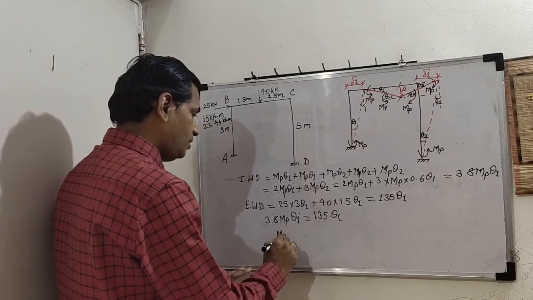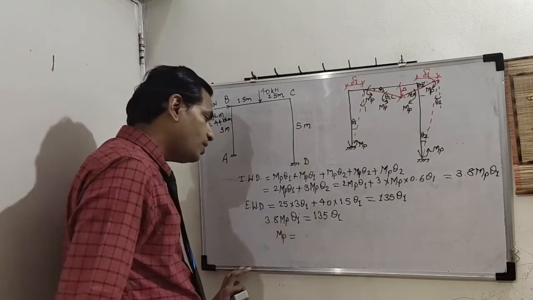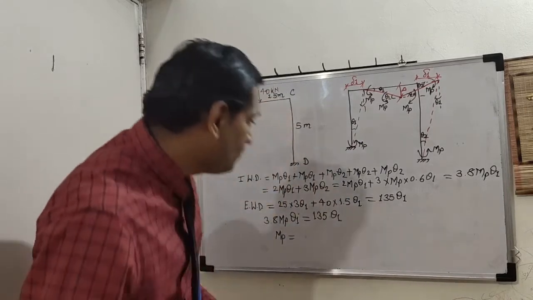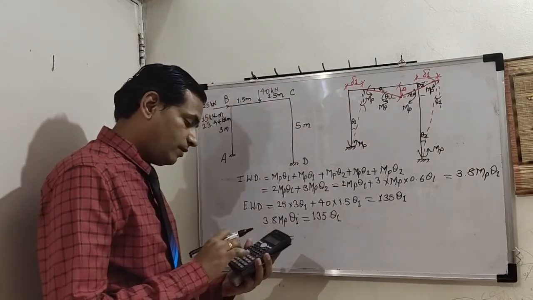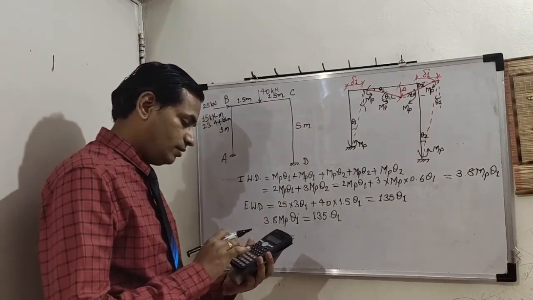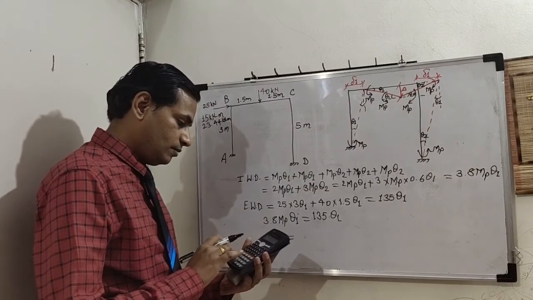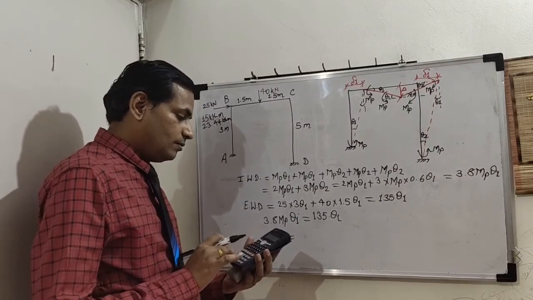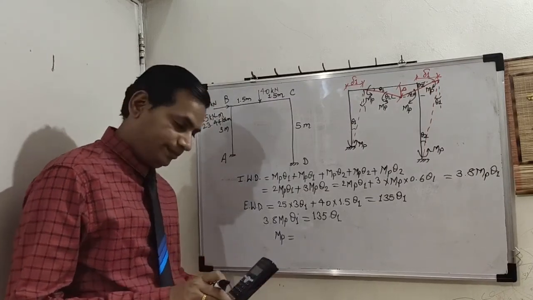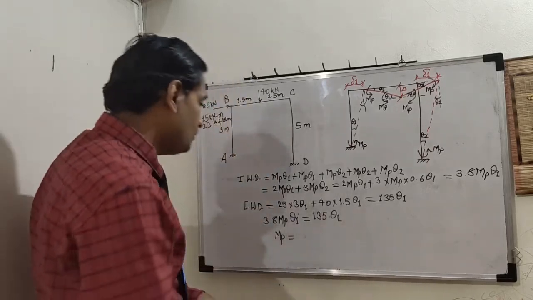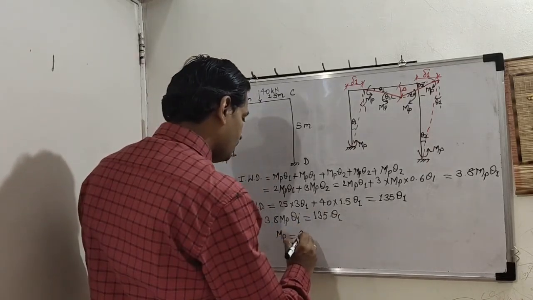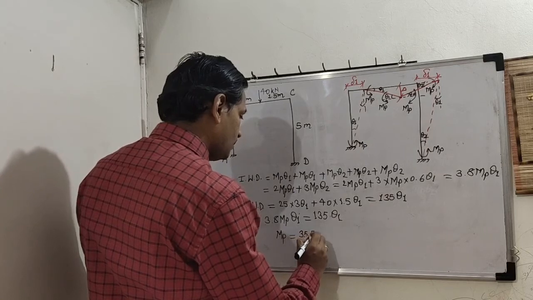So how much is MP? 135 upon 3.8. 35.53 kilonewton meter.